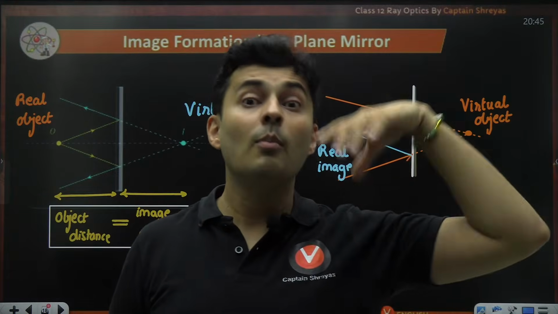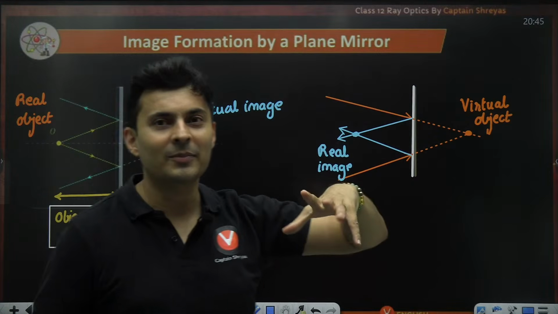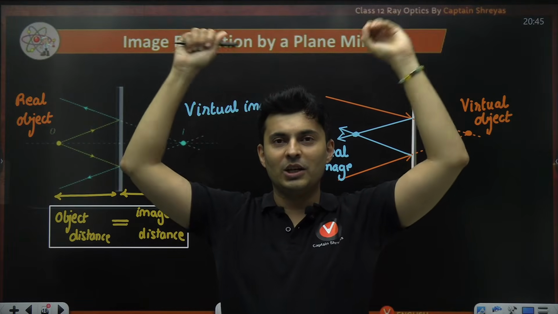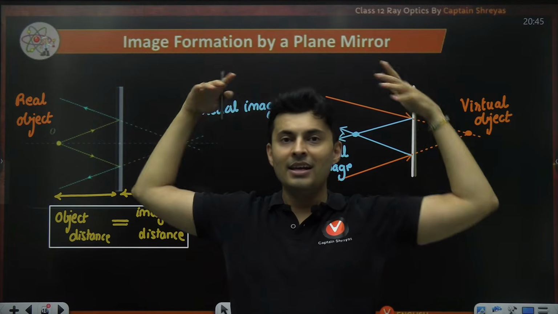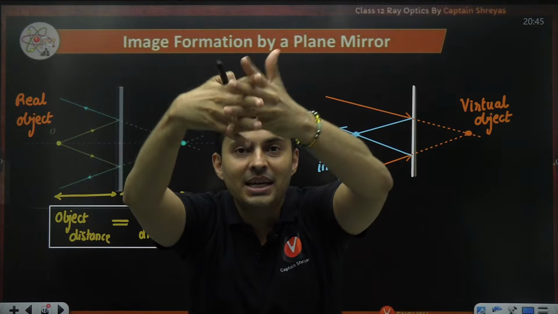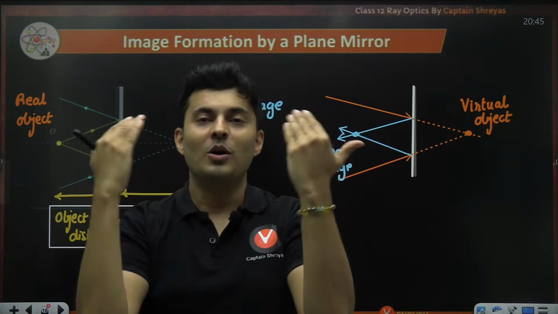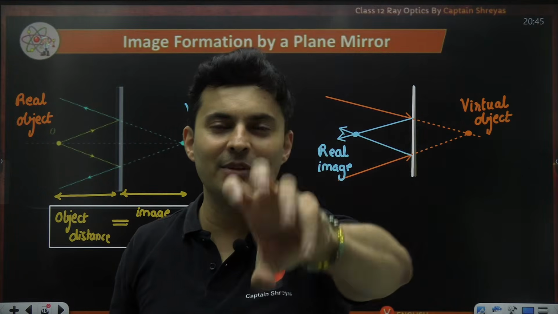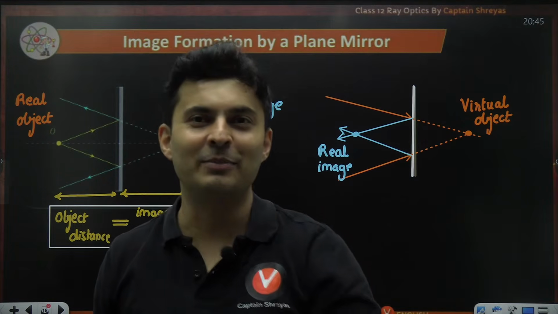Best example, projector or a cinema theater. You will see some rays are coming from behind you from the projector, or in the cinema theater there is a reel, and the rays will meet on the screen of the theater, or your classroom will have a whiteboard where the rays will meet. So that is a real image.